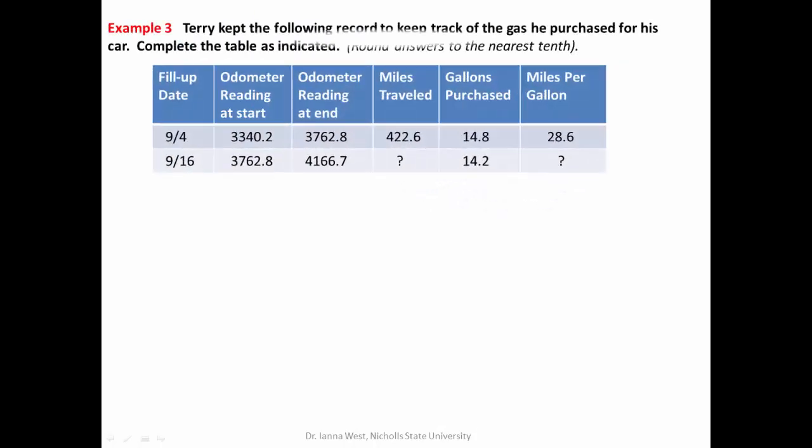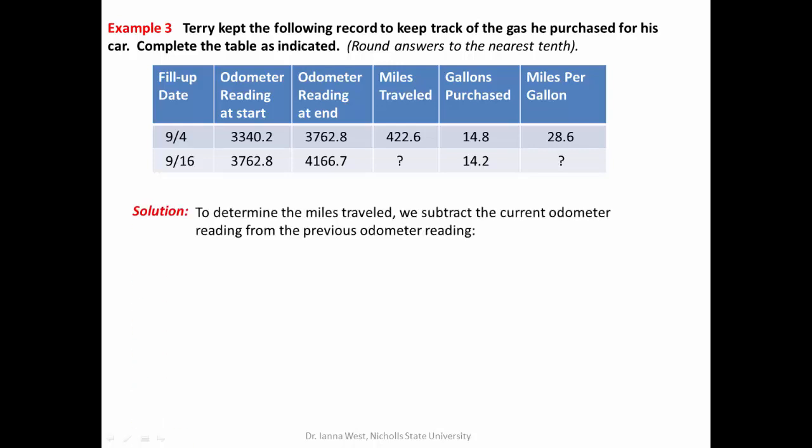In our next example, Terry kept the following record to keep track of the gas he purchased for his car. We want to complete the table as indicated, rounding our answers to the nearest tenth. In order to find our solution, we must determine the miles traveled. So we will subtract the previous odometer reading from the current odometer reading.